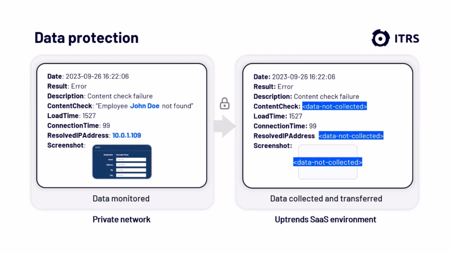All monitoring capabilities still work. For example, you can still execute page content checks. And your performance and availability data can be collected without a problem, because that only consists of numeric data and therefore shouldn't have any sensitivity in it whatsoever. And all of this should still satisfy the intent of your data security policies.